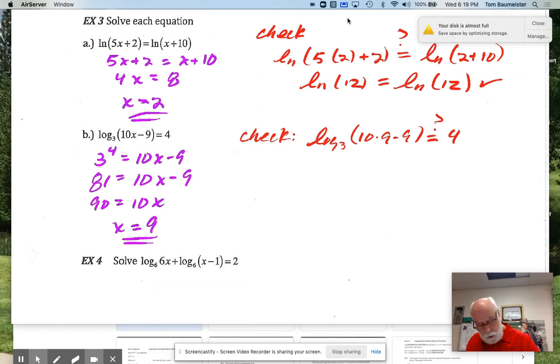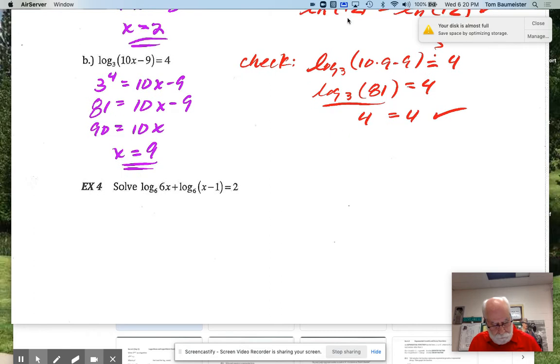All right, so you would say log to the base 3 of 10 times 9 is 90 minus 9 is 81. Does that equal 4? Well, yes. Because if you plug this in your calculator, you would get 4 equals 4. And it does check. Okay.